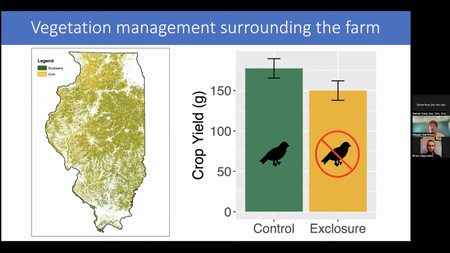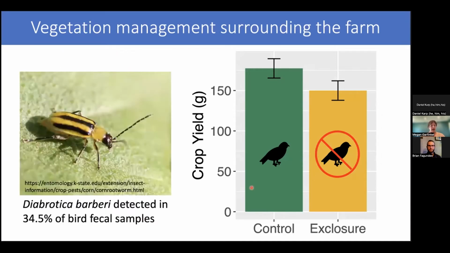So what we're seeing overall here is that these birds from this nearby grassland are providing a significant service in the corn agriculture that's nearby that grassland. And I was also interested in learning a little bit about how this was working. So what type of pests were these birds controlling? So I collected some fecal samples from birds that were foraging in the cornfield as well as in the nearby edge with that prairie.